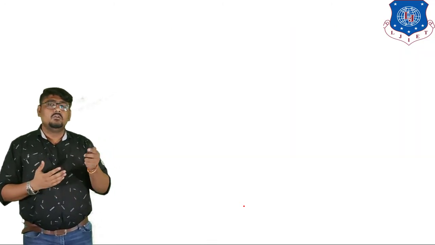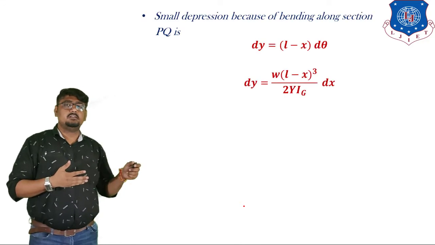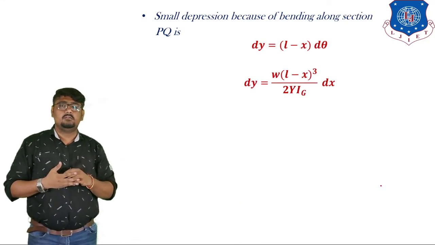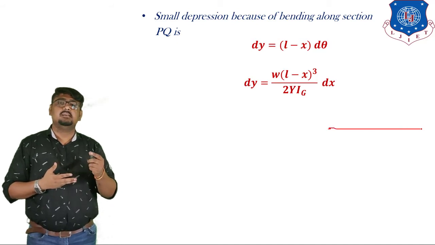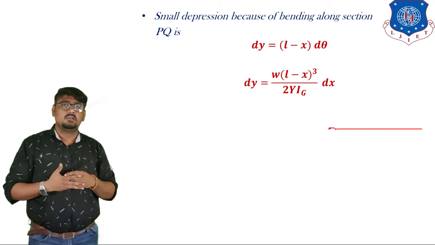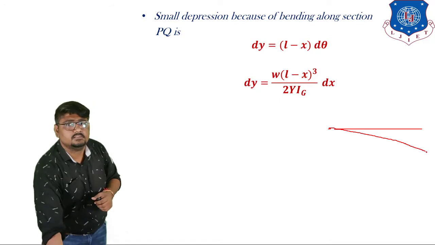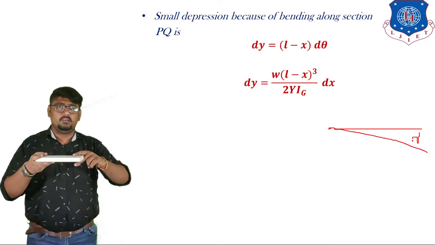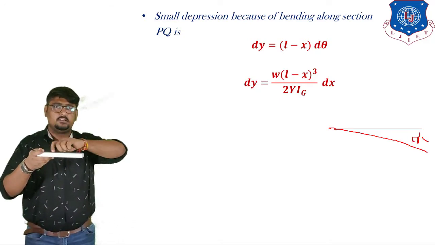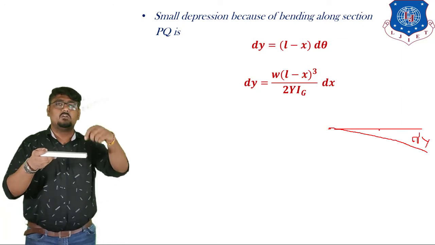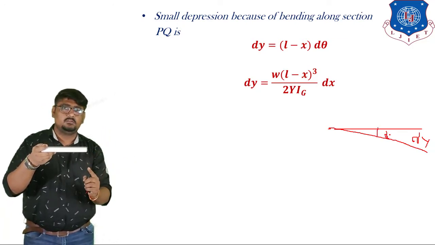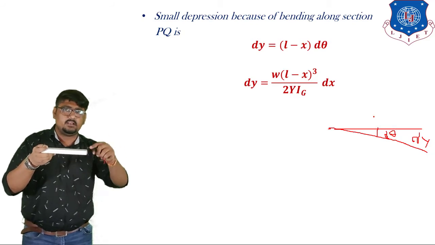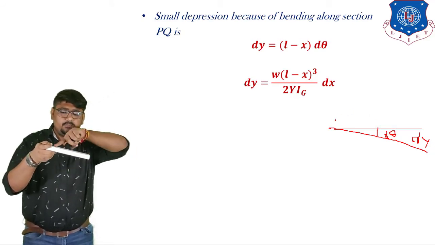Now, looking closely over here, we have dy equals (L minus x) d theta. Because of the deflection, consider this beam under the load, uniformly distributed load or a point load, whatever it is. If the beam is bending because of the load, it makes some angle.